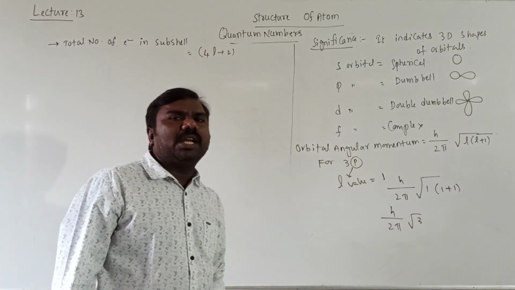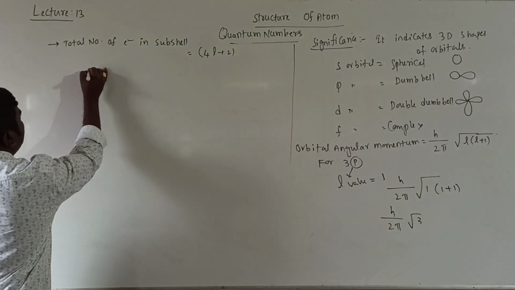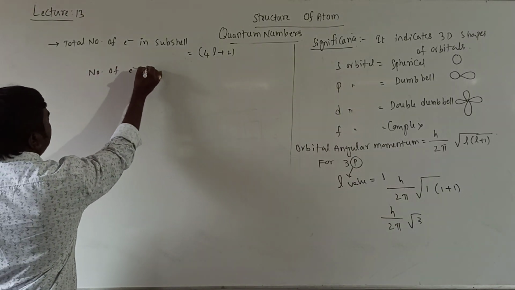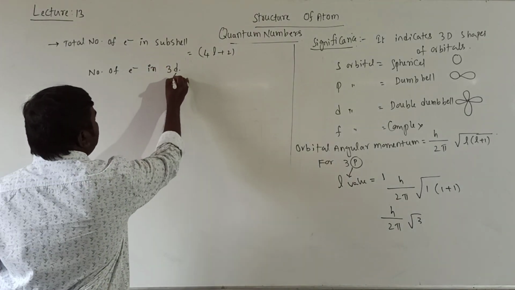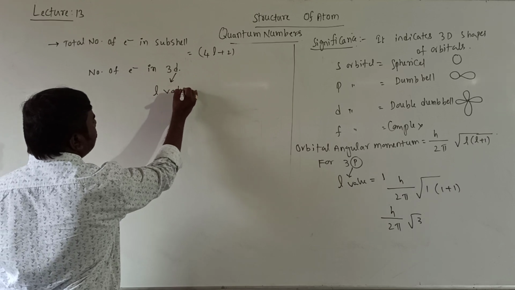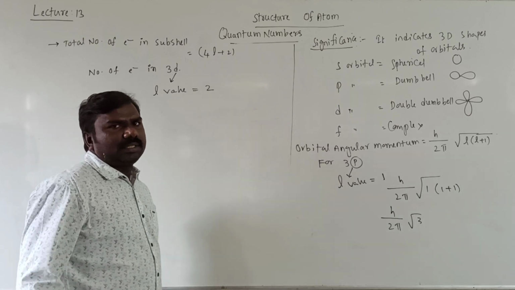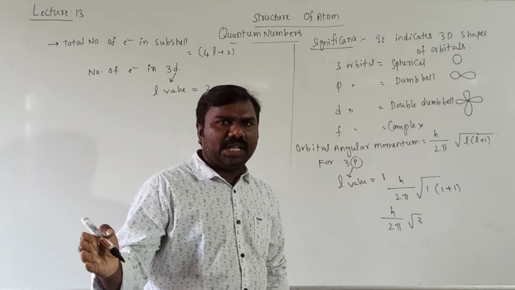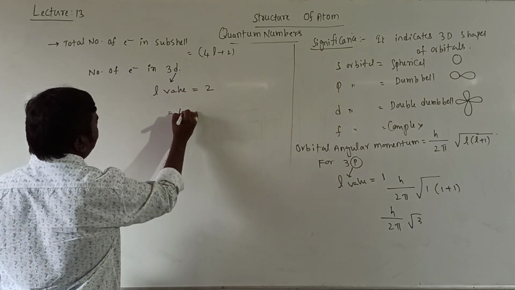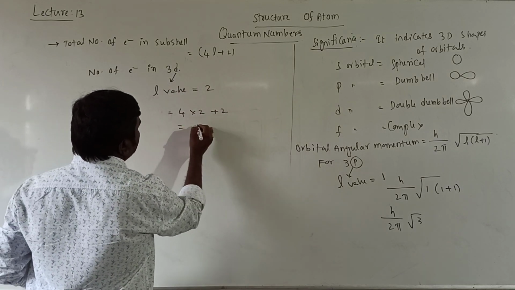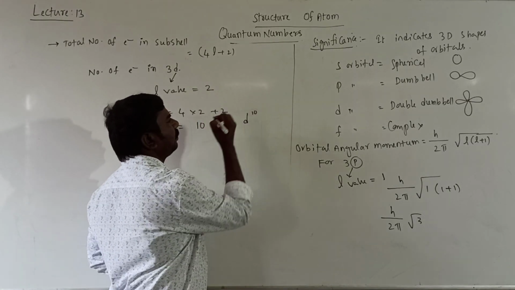For example, how many electrons are present in 3d? They will ask you like that. For d, the l value is 2: 0, 1, 2 for s, p, d. So for d, 4 into 2 plus 2, that is 8 plus 2, 10 electrons. This is nothing but d10.